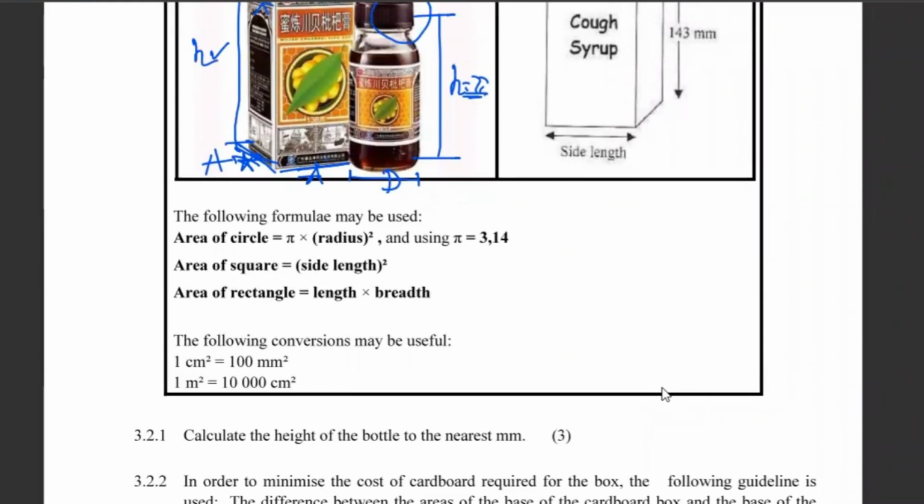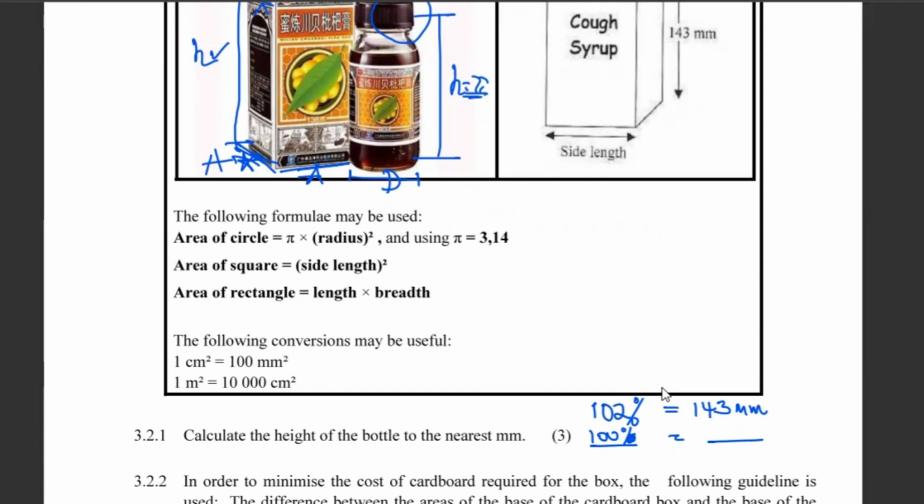So we ask ourselves, 102% gives the height of 143 millimeters. What about 100%? What does it give you? Because the percentage of the bottle just increases by 2% to get the height of the box.